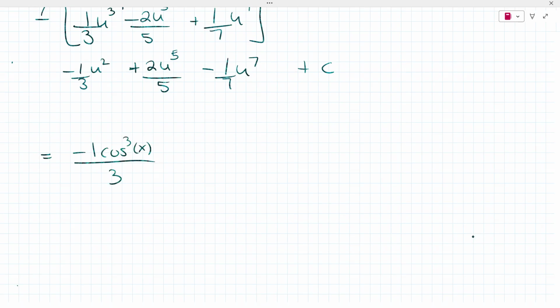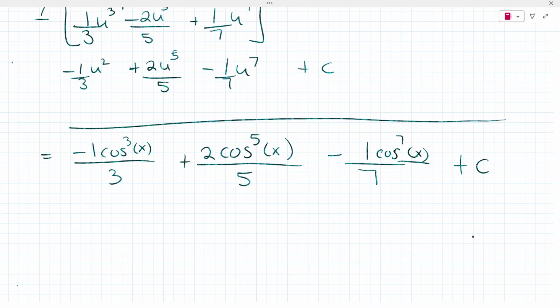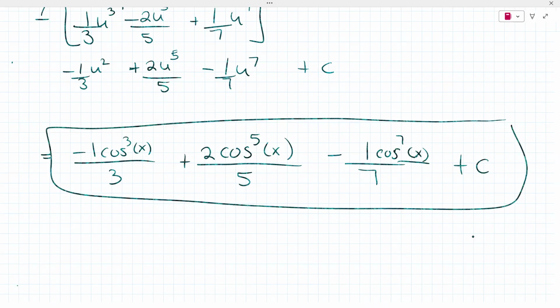So like I said, you can rewrite cosine cubed of x either on the numerator or in the center. Okay, that is your final answer.